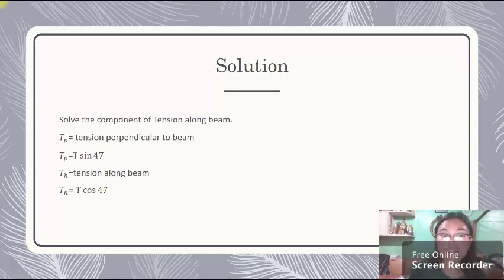And then the next one, we also need to solve for the component of tension along the beam, wherein the tension perpendicular to the beam is T sine 47 degrees, and the tension along the beam is T cosine 47 degrees.